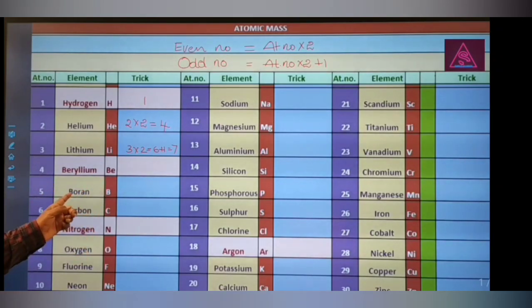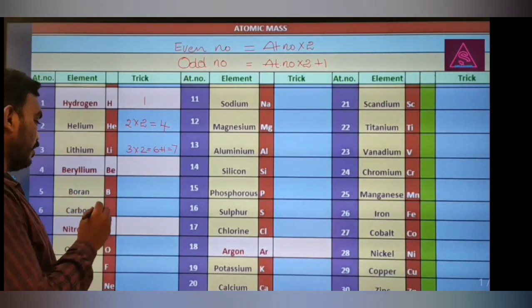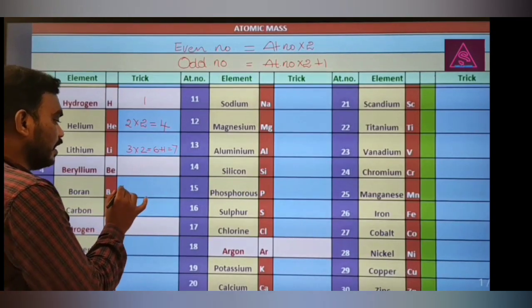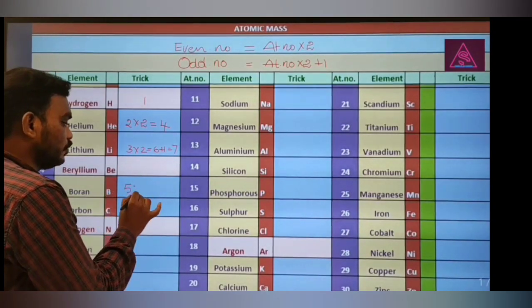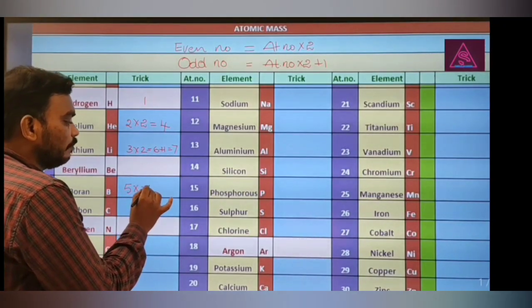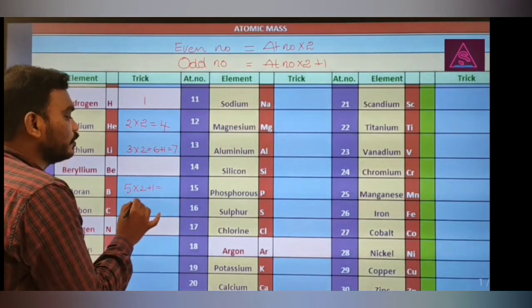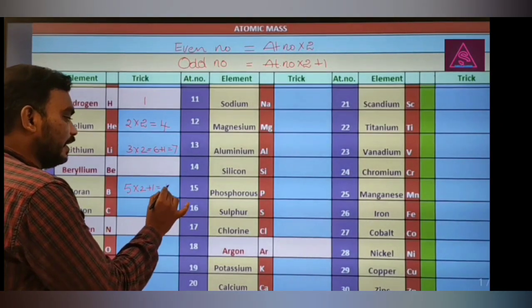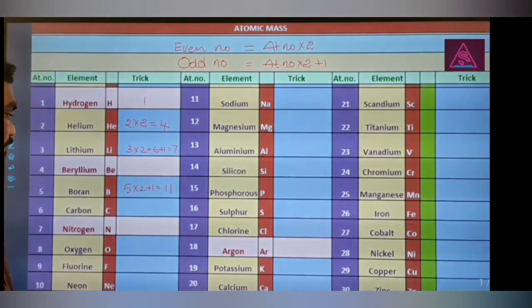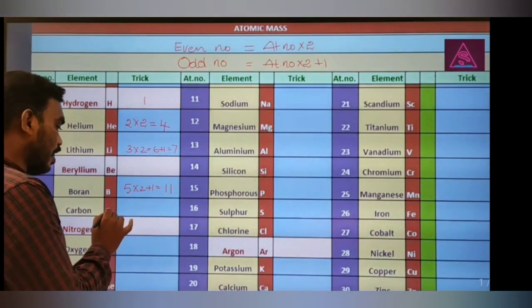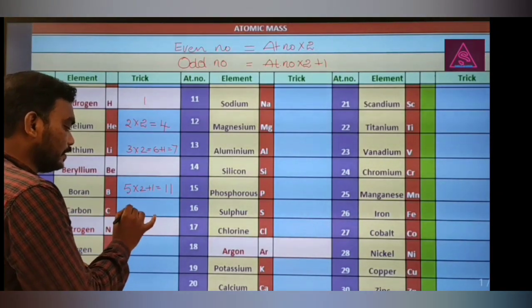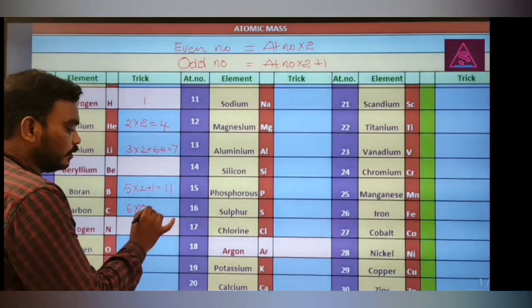Now boron, atomic number 5, that is 5 into 2 plus 1, equal to total 11. Its atomic mass is 11. Carbon is an even number, 6 into 2, that is equal to 12.